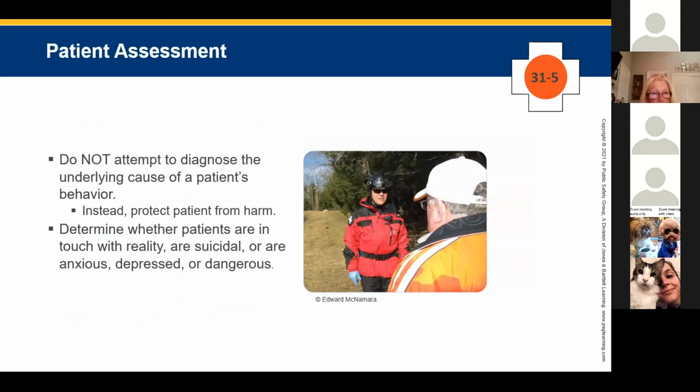So do not, and I stress that, do not attempt to diagnose the underlying cause of patient's behavior. Instead, protect patient from harm. That's all you can do. Determine whether the patient is in touch with reality, is suicidal, or is anxious, depressed, or dangerous.